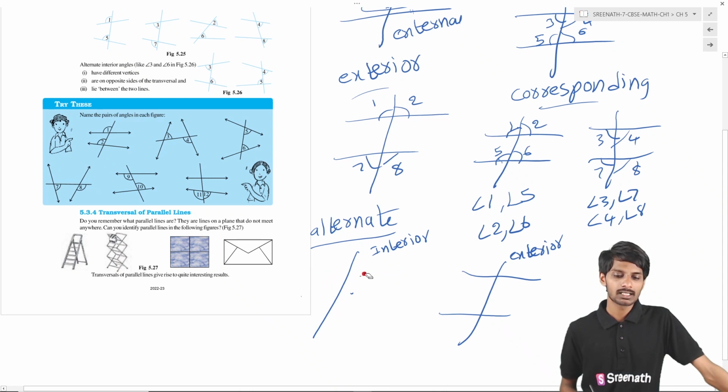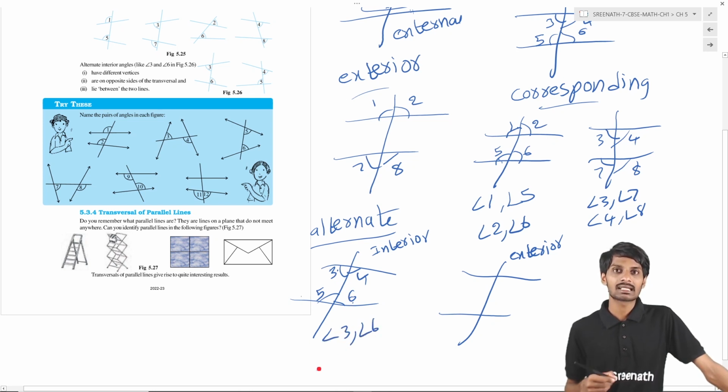So what are alternate angles? Here an angle, here an angle, here an angle, here an angle. Here it is 3 and 4 and 5 and 6. If they are on the same side, they are not alternate. So this angle and this angle are alternate angles. Angle 3 comma angle 6 are alternate interior angles, and similarly angle 4 comma angle 5 are alternate interior angles.